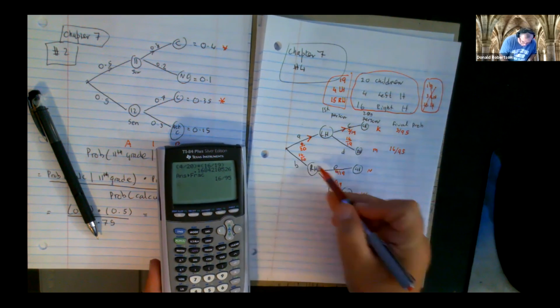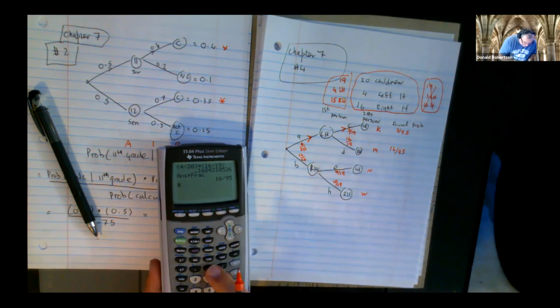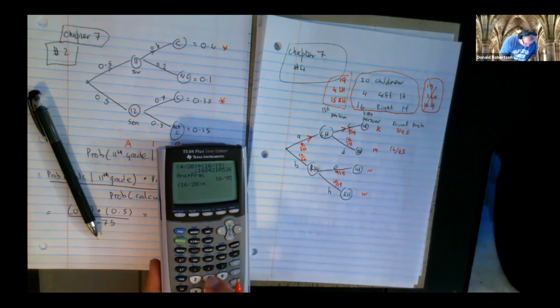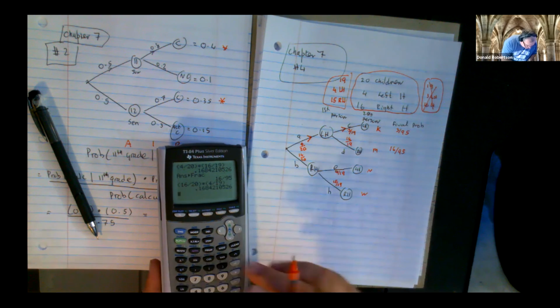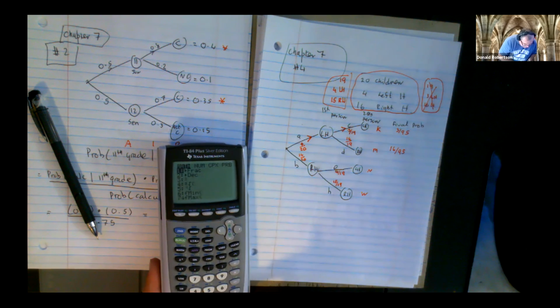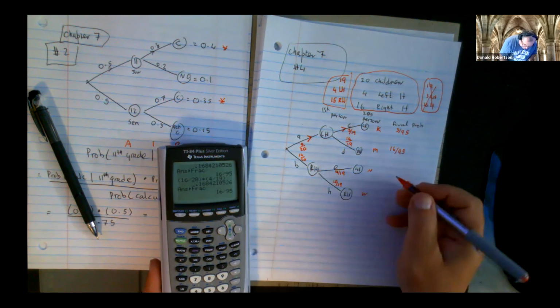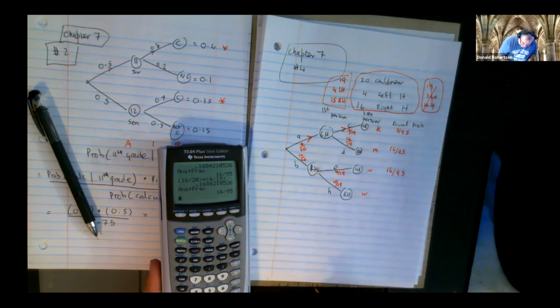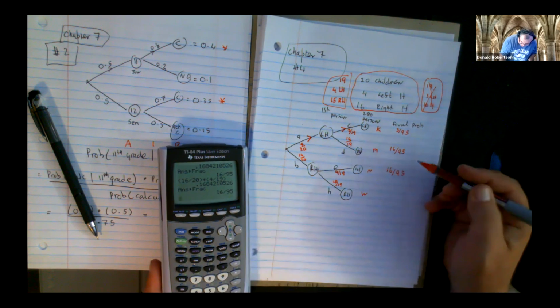And this one times that one. None of these are going to be nice, are they? Okay. 16 divided by 20 times 4 divided by 19. And the math button number 1 again. And that ends up being 16/95. And I should be able to figure out what the last one is.